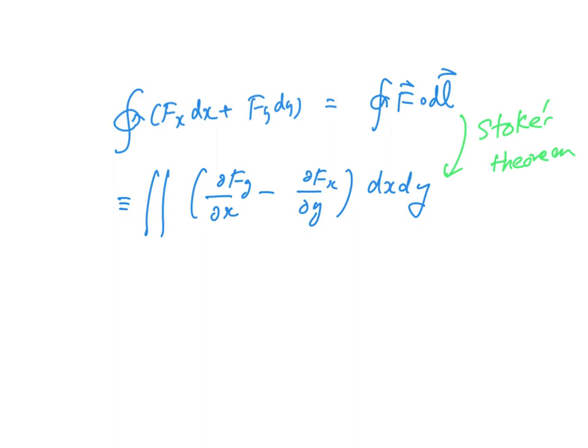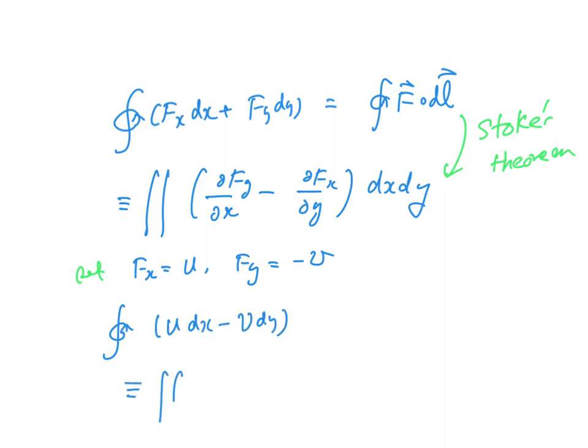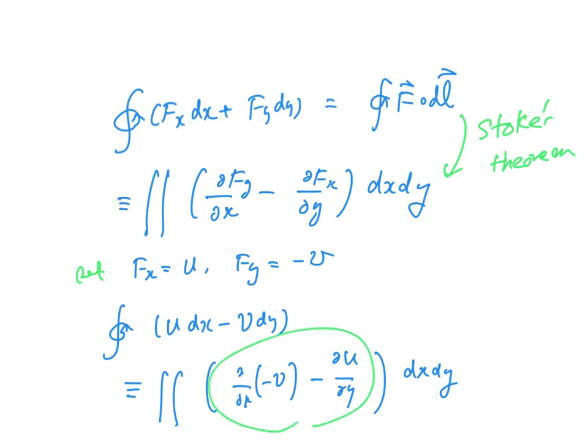So, for example, set f_x as u, f_y as minus v, then u dx minus v dy is simply partial x of minus v minus partial y of u. And this is 0, right?